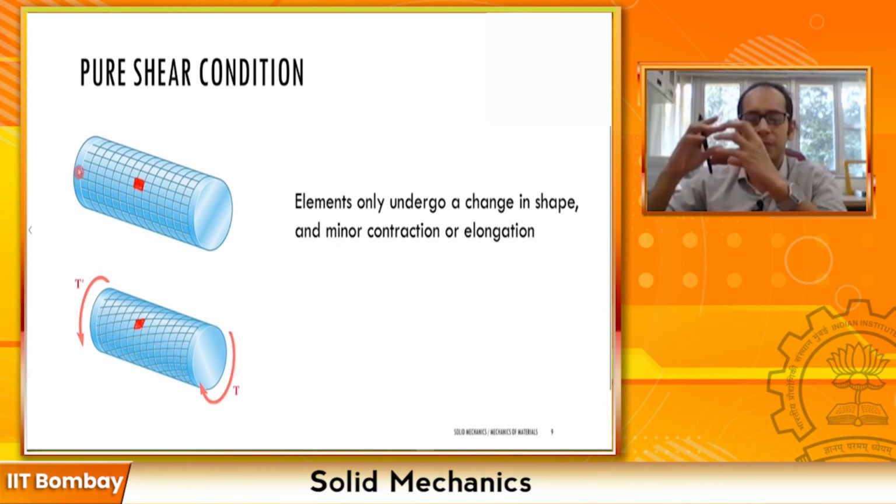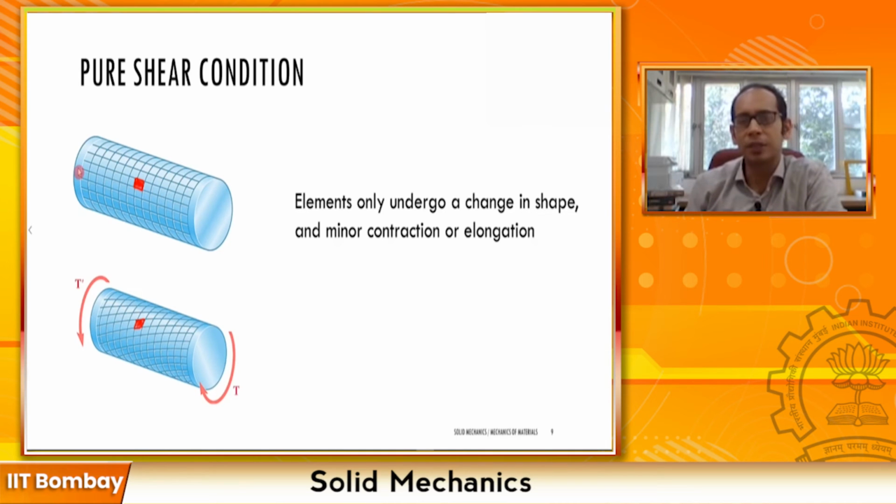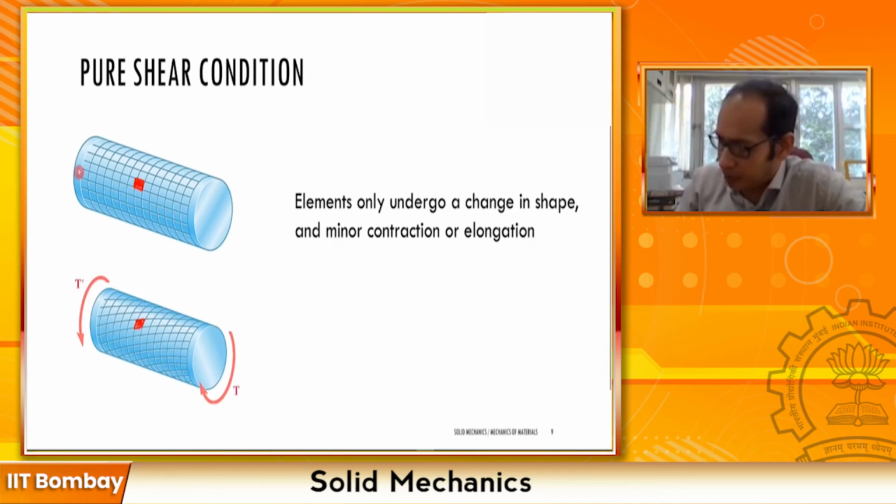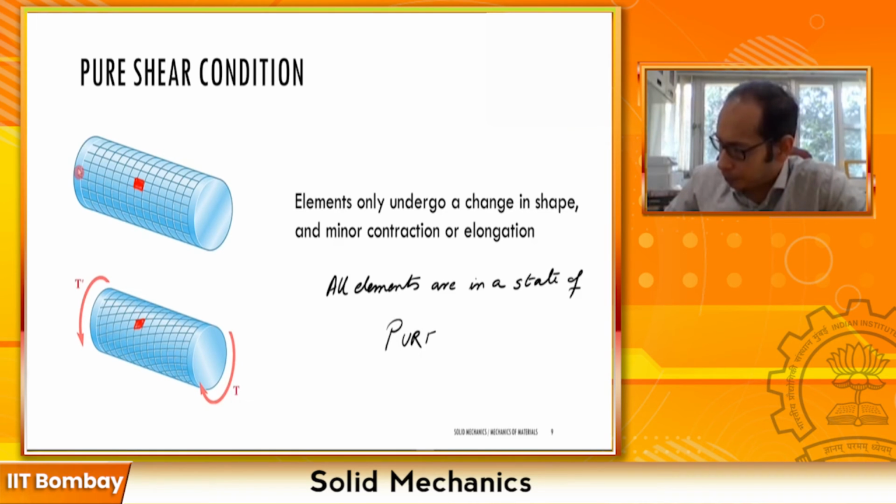If you take those elements, all these elements are in a state of pure shear. This is a very important conclusion about torsion. So all elements are in a state of pure shear.